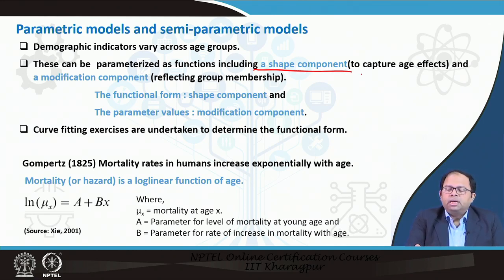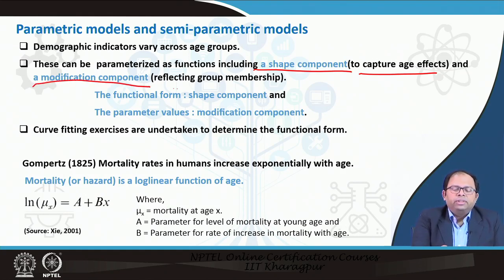This captures the age effect. That means the higher the age, the function predicts accordingly. This function shows how the different age groups are related with this demographic indicator. Then there is a modification component in this equation, which reflects the group's membership.